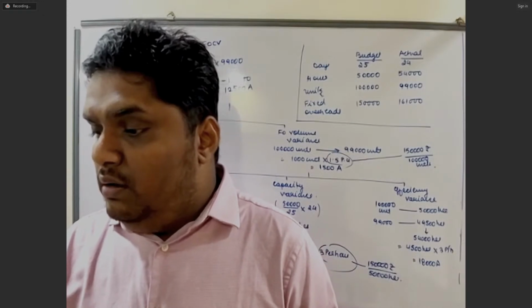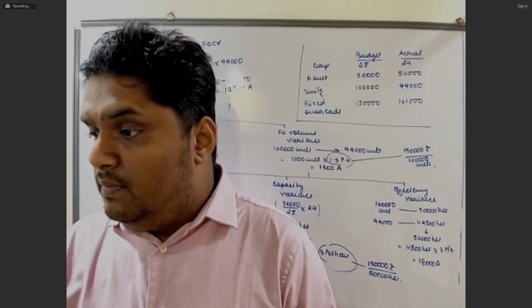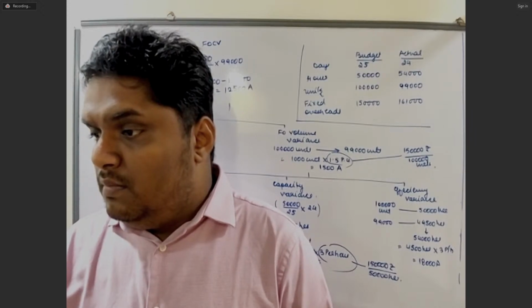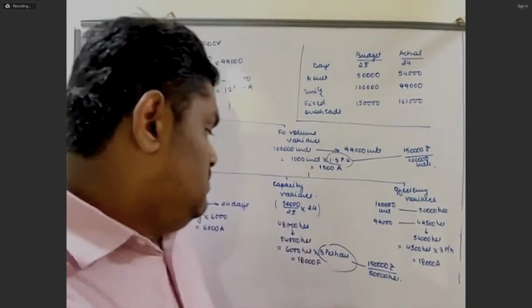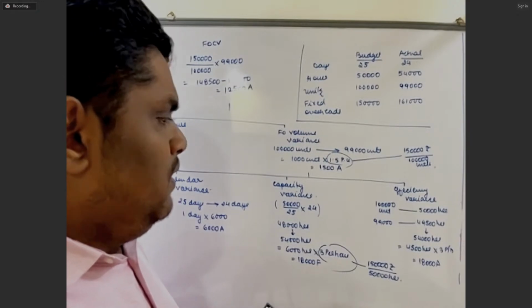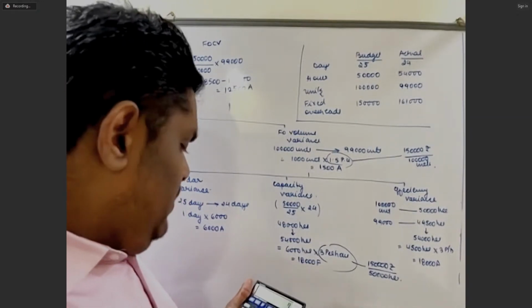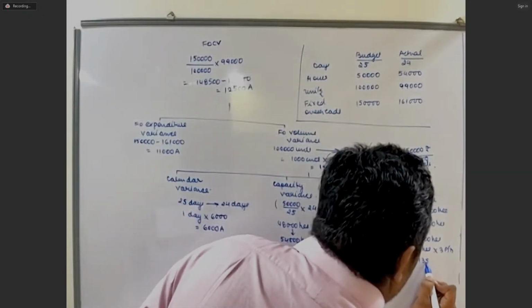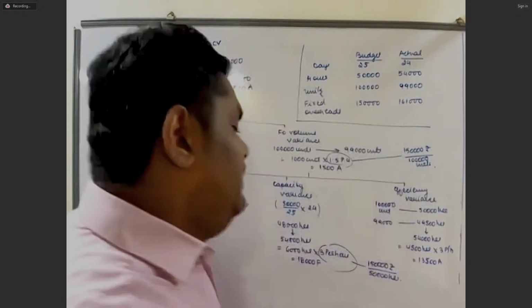Very good, Sushil. One second, guys, there is some mistake. 13,500 adverse.